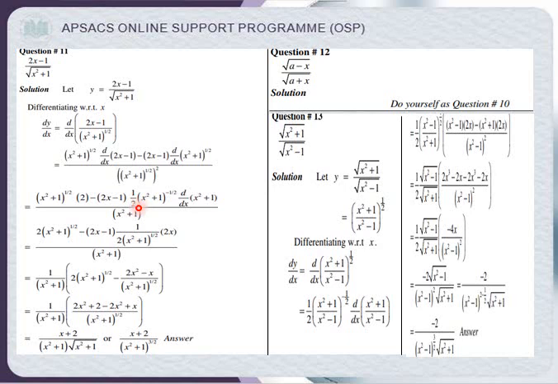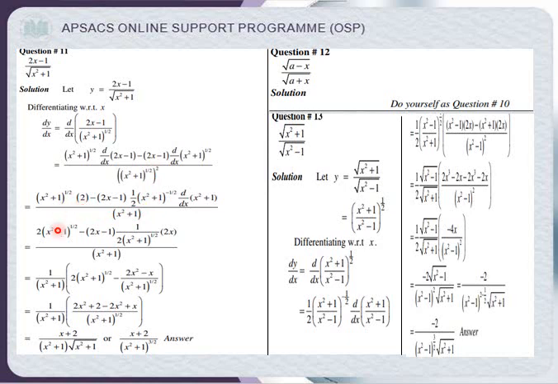First we write the power at the bottom, then decrease the power by 1, 1 upon 2 minus 1, and then take the derivative of what is under the power. What is under the power? x square plus 1. Now you can see this 1 upon 2 multiplied by 2 is cancelled.